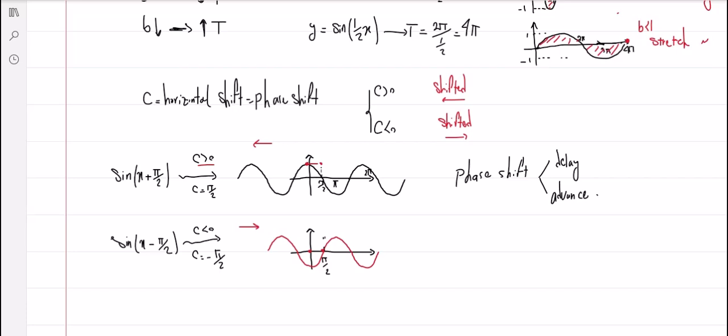To understand this, as you guys remember, the initial point for both of these functions were these ones, right? And when we shifted the function to the left, the initial point was like this.